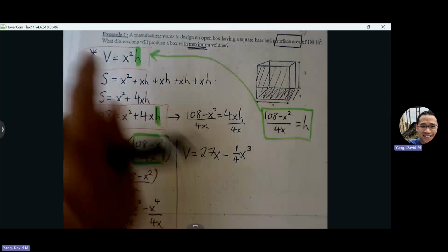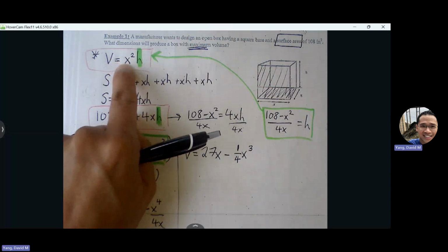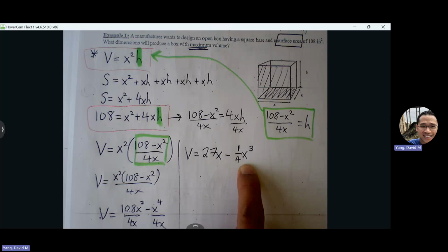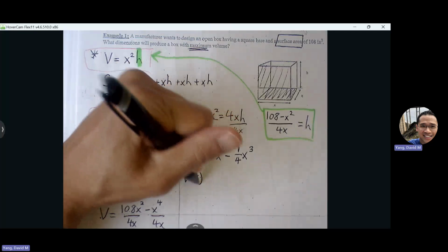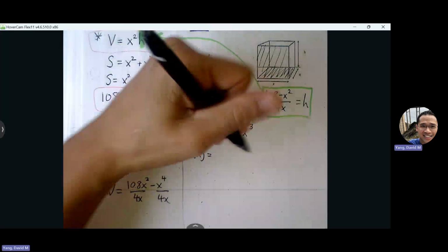So the formula that we're trying to ultimately get ready for power rule, we got it down to one variable. We got it all cleaned up so that the only thing we need is just power rule to find v prime. Okay, so now set v prime equal to 0, or find v prime first. Power rule.